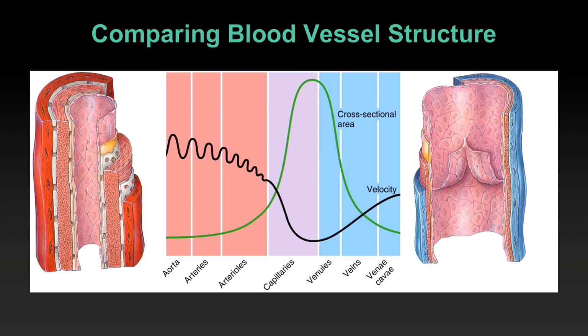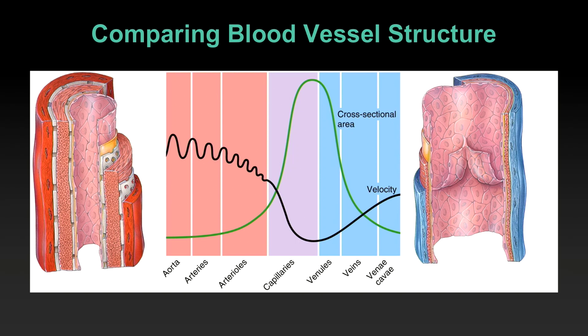So what we're looking at here are a dual trace of both speed of blood flow, or velocity of blood flow, and the cross-sectional area. So cross-sectional area is just if you took all of the vessels of a certain type and stacked them up in front of you and cut them, all of the combined area of those vessels.